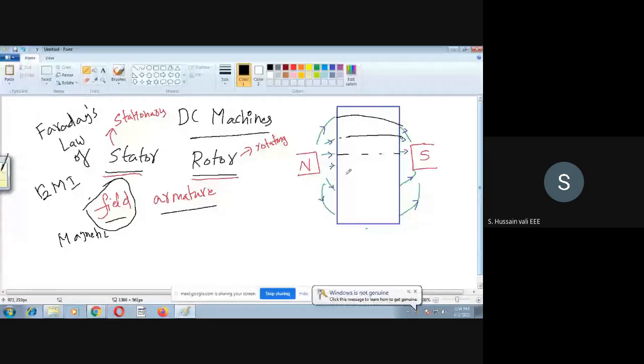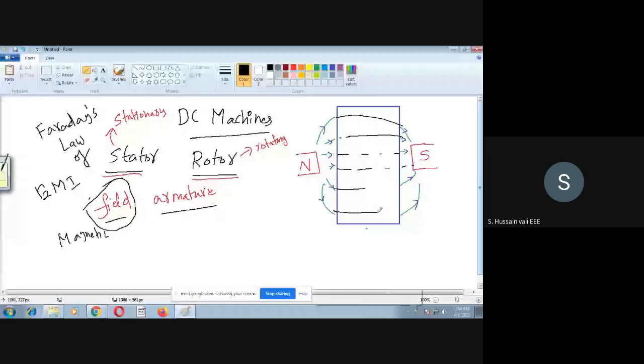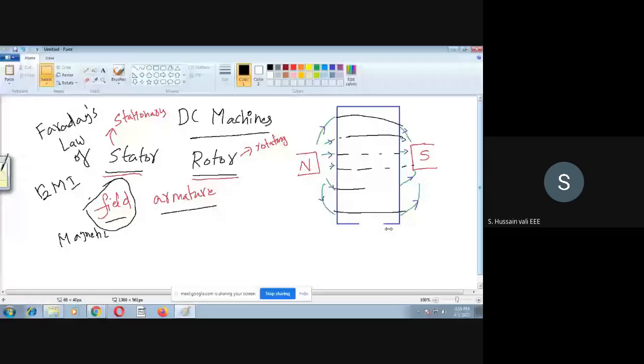So now see, I have put a conductor. Now one part of this I will open. So now you see this blue color rectangular shape. Now it is open. It's clear. You see it is open now. So you have a conductor. This rectangular shape is a conductor.